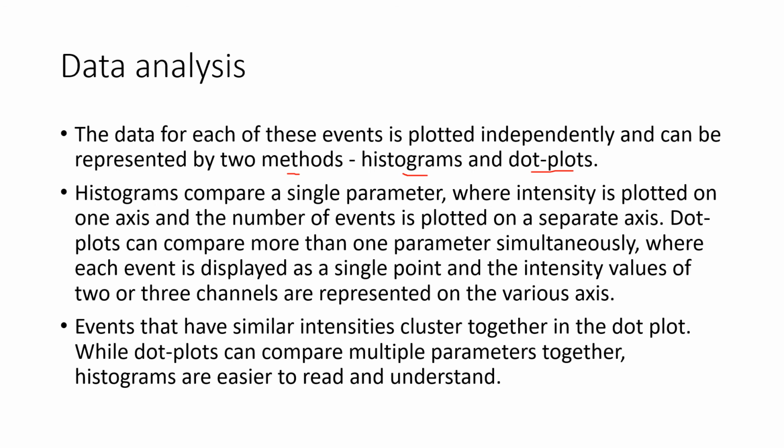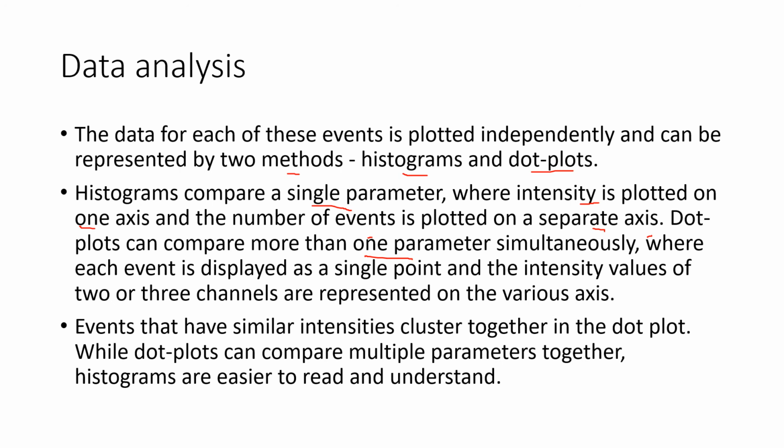Histograms compare a single parameter, where intensity is plotted on one axis and number of events on the other axis. Dot plots can compare more than one parameter. I have already told you in a previous example, where forward scattered light and side scattered light of different lymphocytes and neutrophils are compared with dot plots.